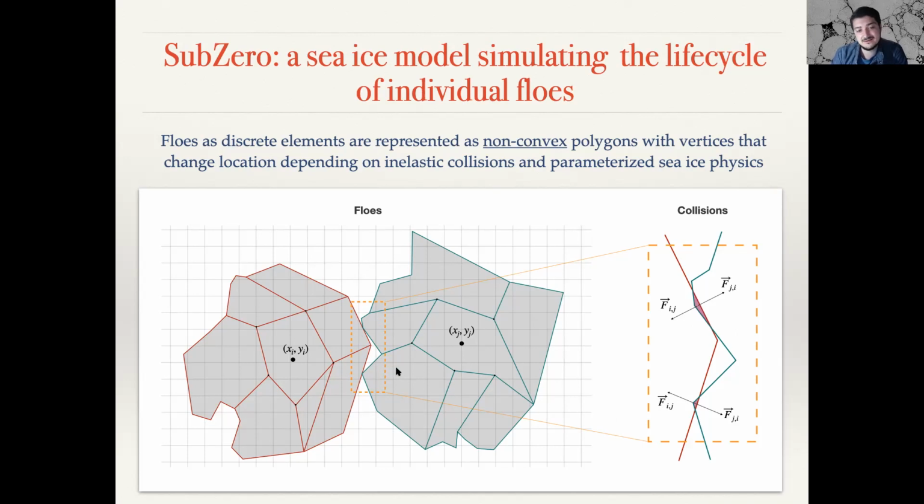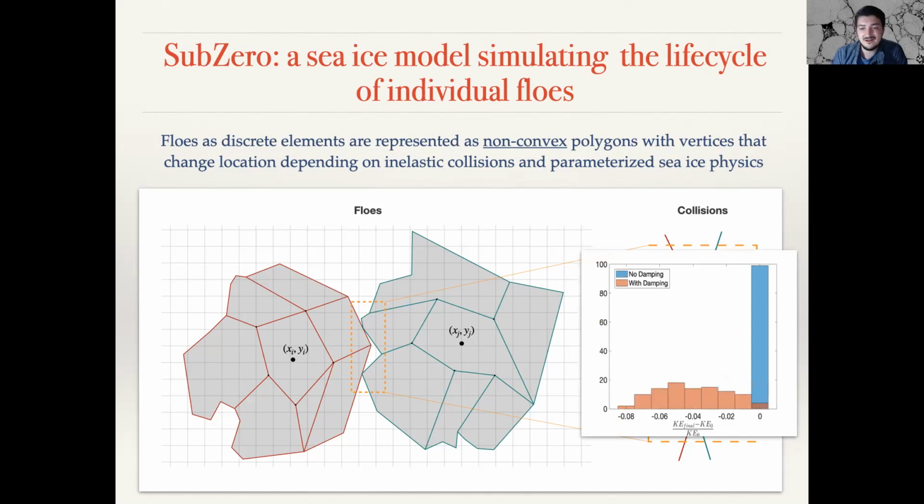But nonetheless, it's possible. So we did that. This is just one example where we take two particles at random with random shapes and smash them one into another, and then plot a histogram of how the energy changes with respect to its initial energy.